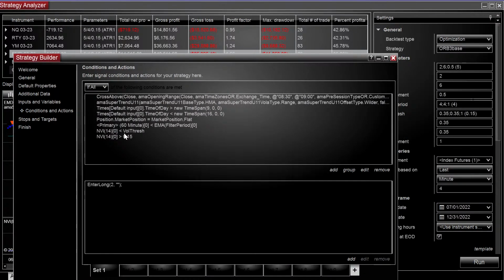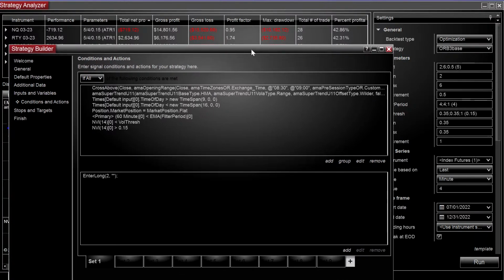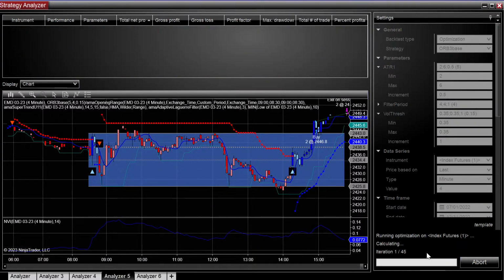So greater than 0.35, less, keep on getting that mixed up, less than 0.35, greater than 0.15. Let us see what the ATR gives us.